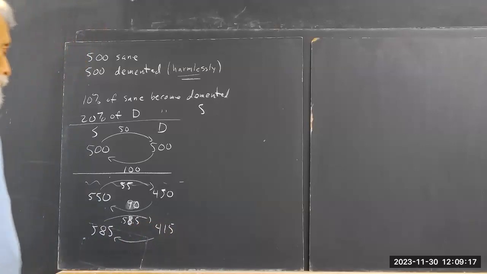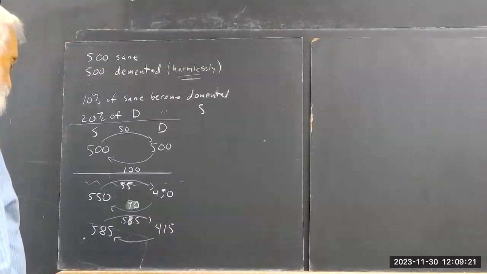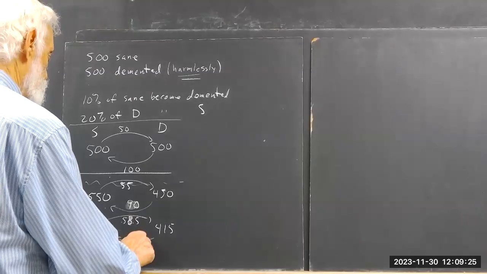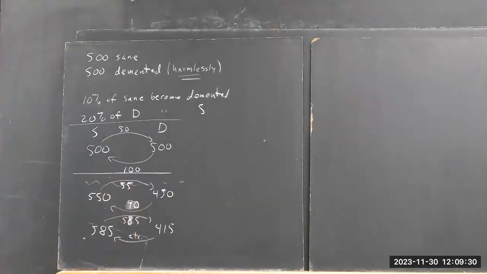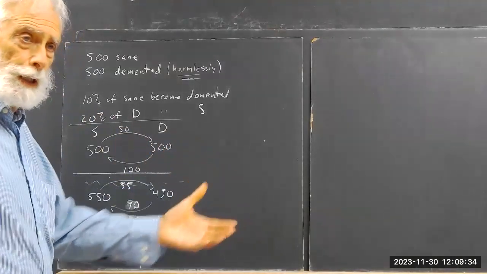I'm getting 83 here because I apparently can't do arithmetic, but 415 times 2. Well, we'll put an et cetera down there because we're not going to calculate it anyway because we're getting into decimals. Okay. Well, that's all good, but so that's what happens.